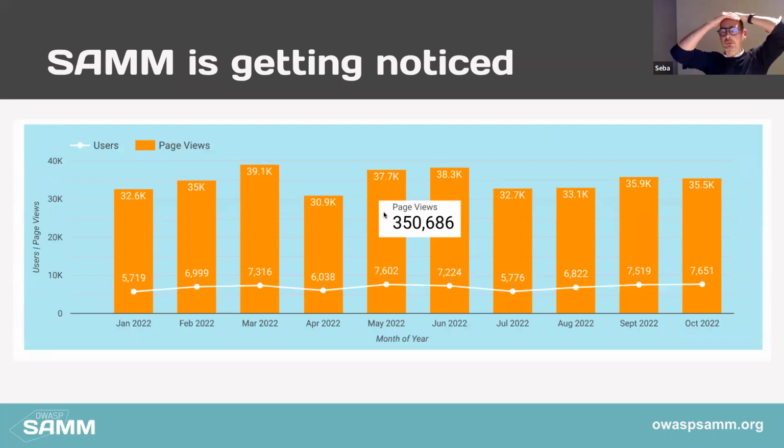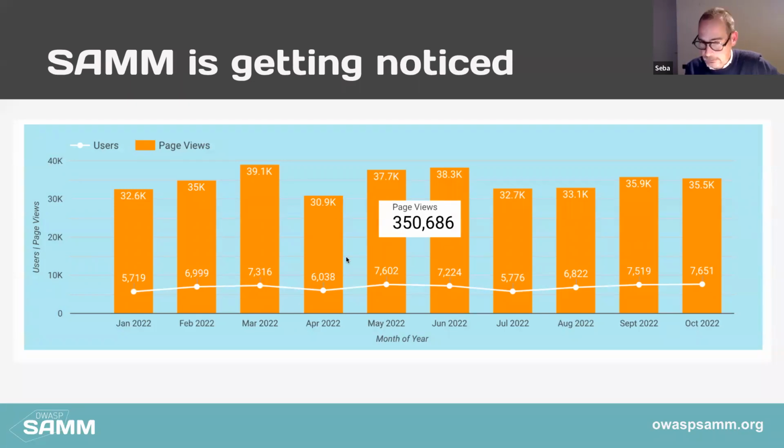I also wanted to share with you one piece of information. We've seen a growth in usage a lot, and that's also being reflected in the usage of the website. Our main channel, I would say, to share the model is through the website, and we see a growth of monthly users.